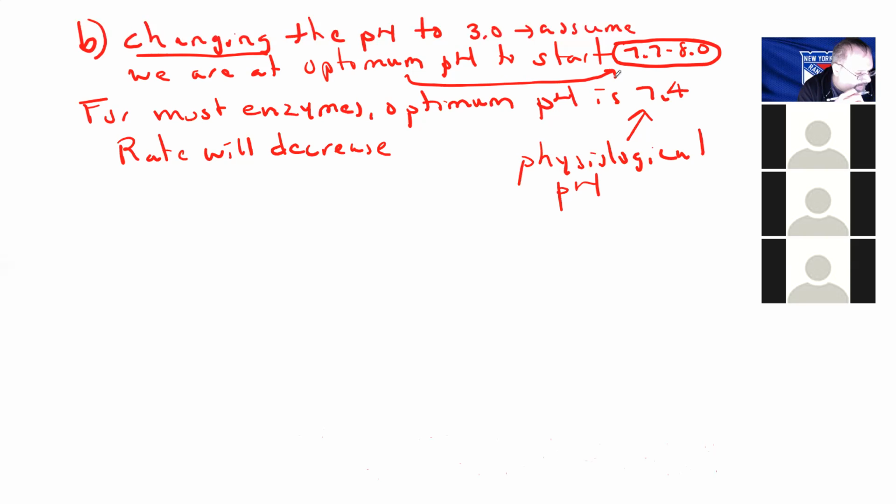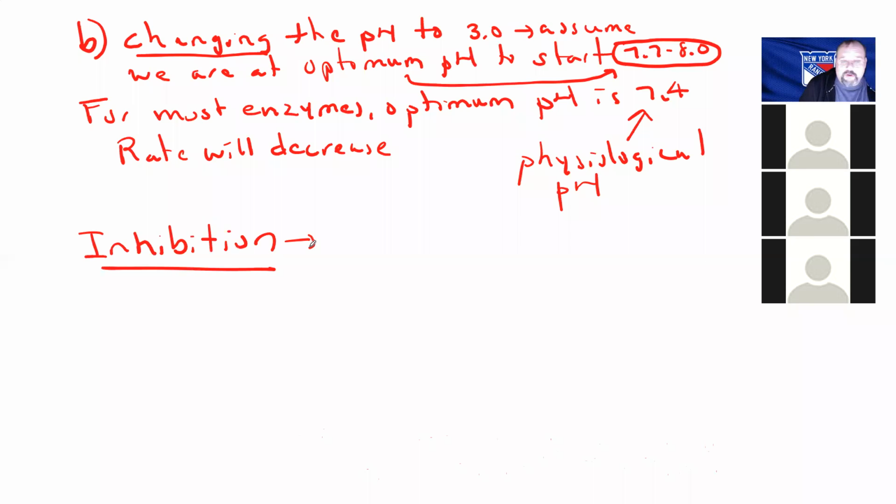All right. One more thing for this evening. So the last thing in terms of affecting the way an enzyme works is inhibition.